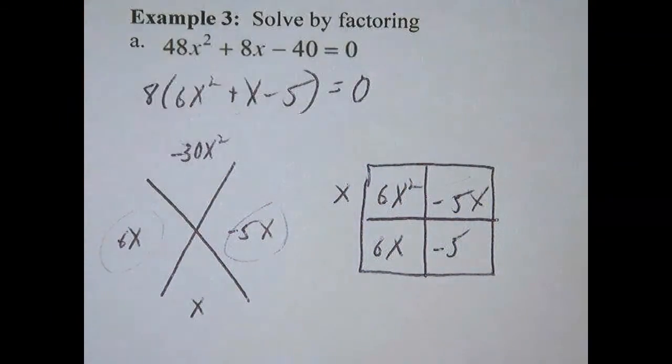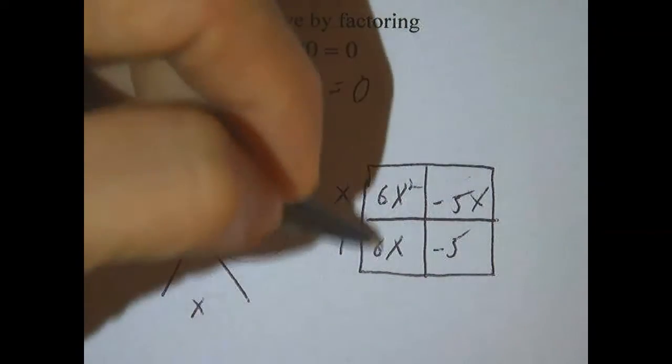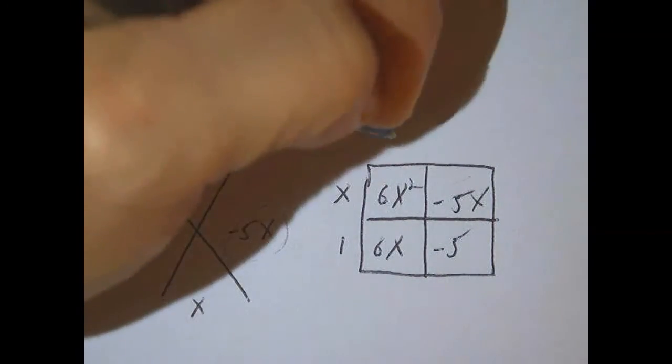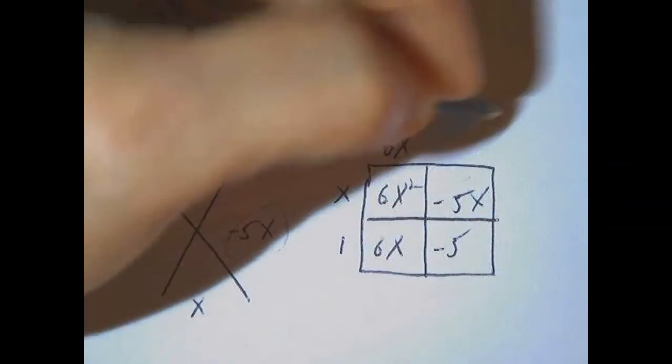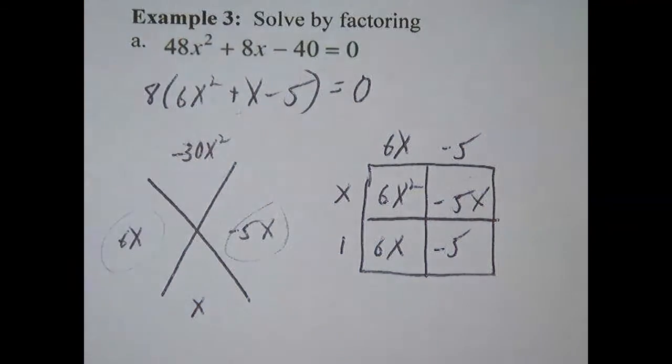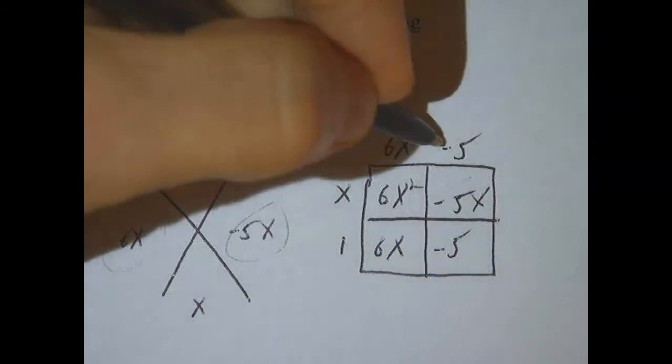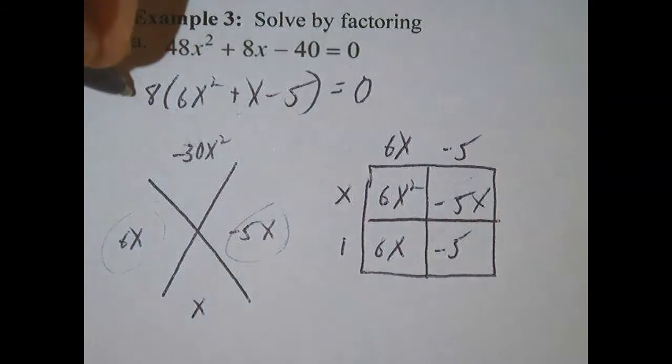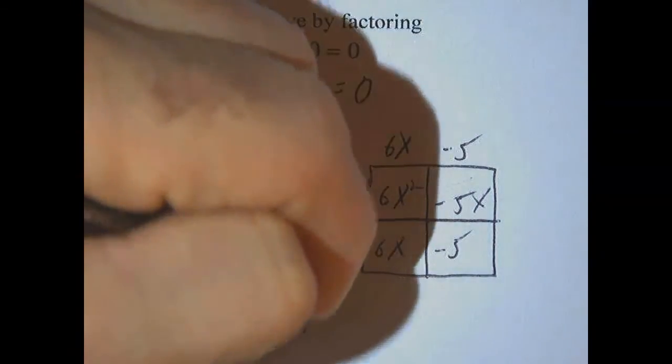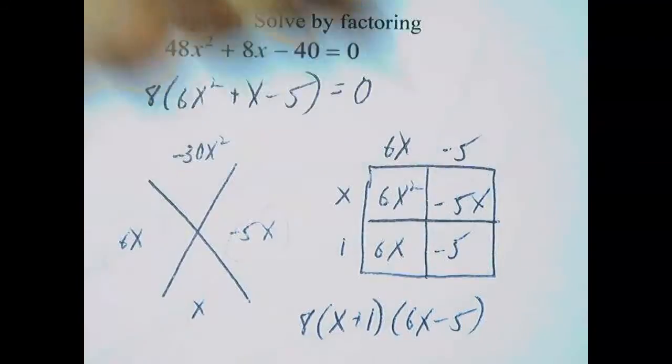Going this way will be nothing, so just a 1. Going this way, I can take out a 6x. And going this way, I can take out a negative 5. And so there we have 6x minus 5, x plus 1. Still carry that 8, so I have 8 times x plus 1 times 6x minus 5.